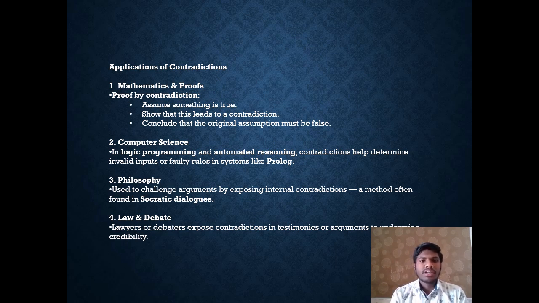In philosophy, it is used to challenge arguments by exposing internal contradictions, a method often found in Socratic dialogues. In law and debate, lawyers or debaters can expose contradictions in testimonies or arguments to undermine credibility.